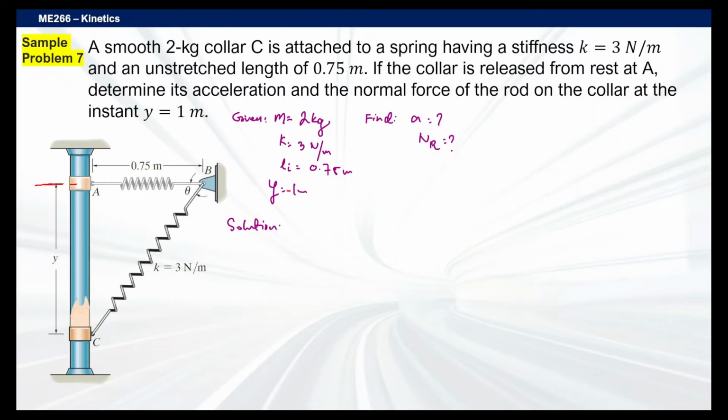So here we have the weight of the collar. If I'm going to draw it straight here, for example, there's the force of the spring here. There's the weight of the collar. And then of course there's the normal force here. There we go. So let's see if I'm right.